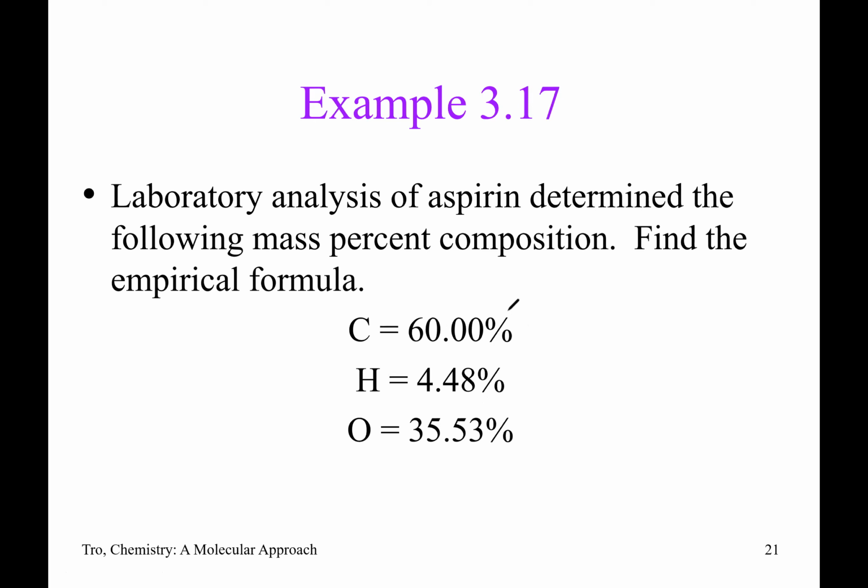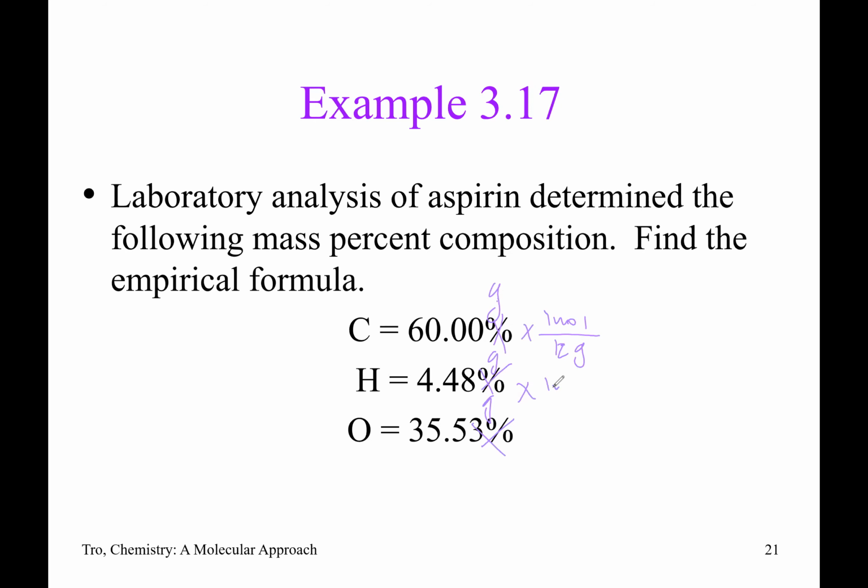So the first step on this would be to change the percentages to gram, because we assume that we have 100. Second, you are going to change that to mole for each element. So you have to cancel the gram, and you are using the periodic table to get this number.